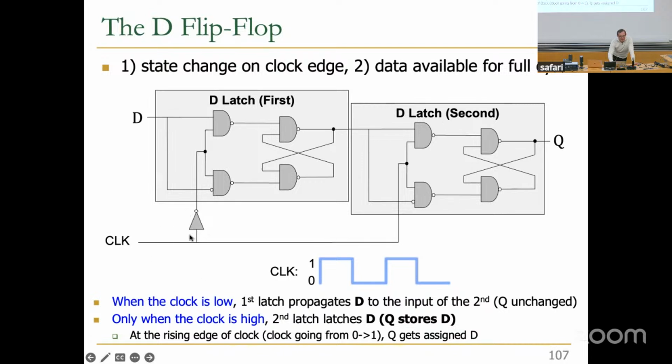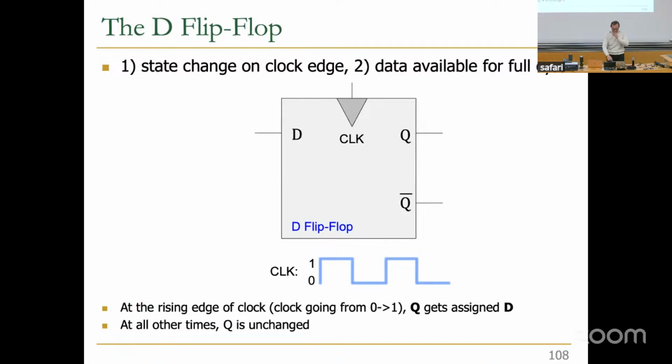So when the clock is low, this D gets propagated over here. Only when the clock transitions from low to high does the value over here get propagated over here. When it's high, we can't load anything into the first D latch. That's right, exactly. But we were able to do that in the infographic before. That's a very good question. We'll talk about that later.